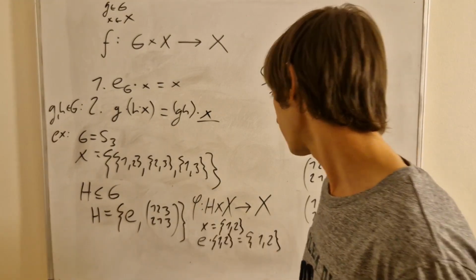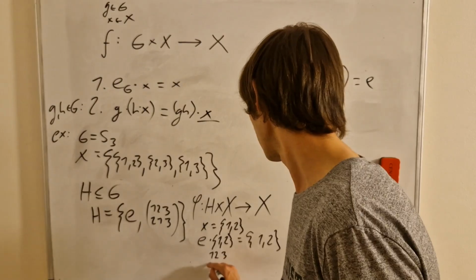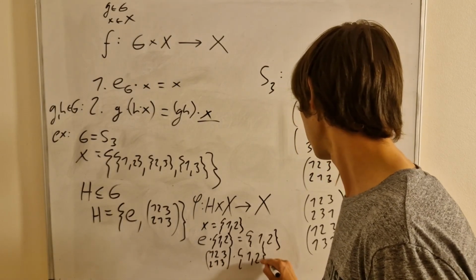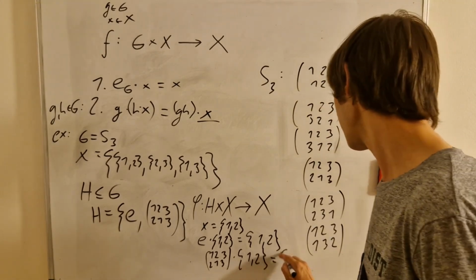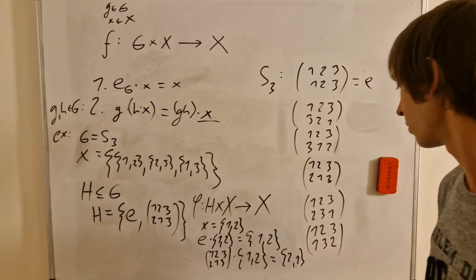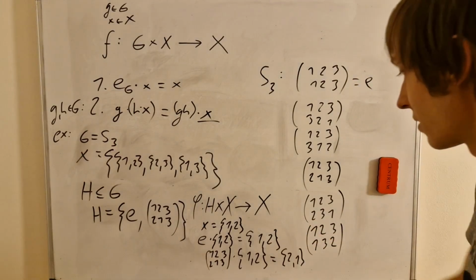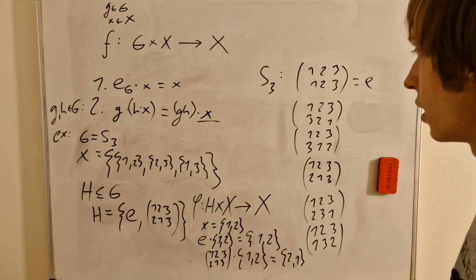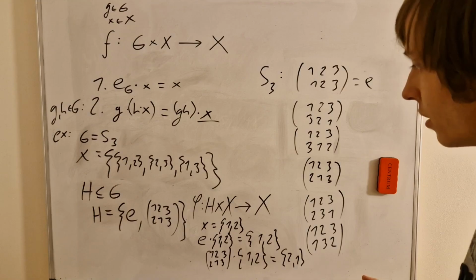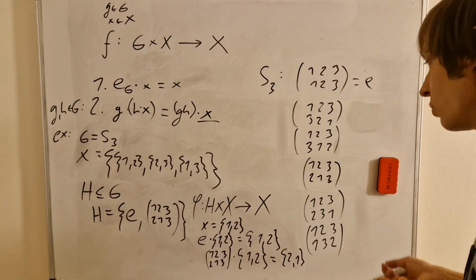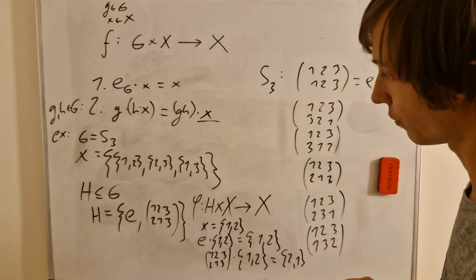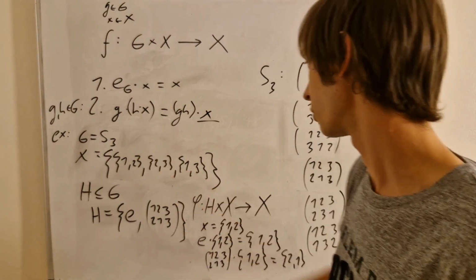And if the other one acts on them, so 1, 2, 3 to 2, 1, 3 acts on {1, 2}, it should leave it the same also, because 1 and 2 are switched. Their order as written down will perhaps be switched, but it's still the same set. So I can just say what sets we got when we let H act with all its elements on the element {1, 2}.